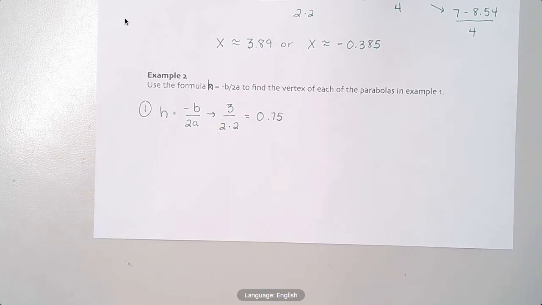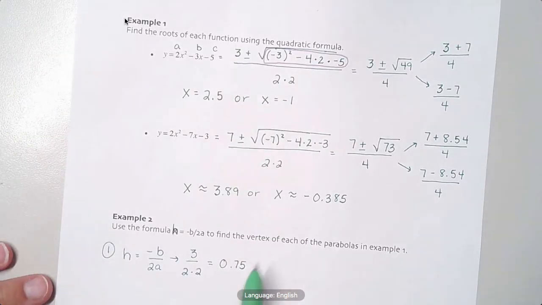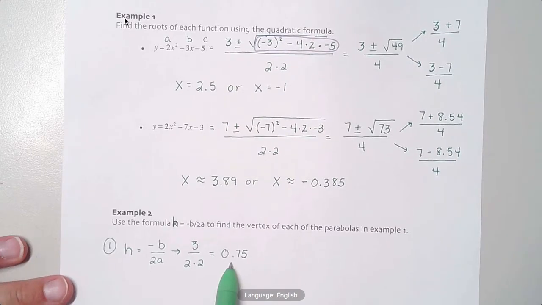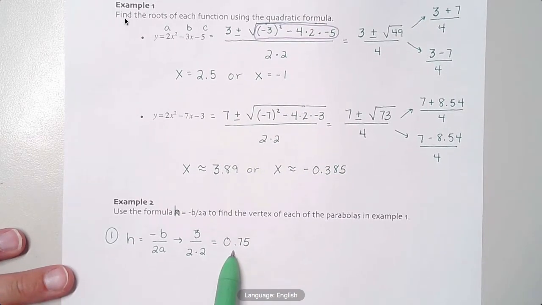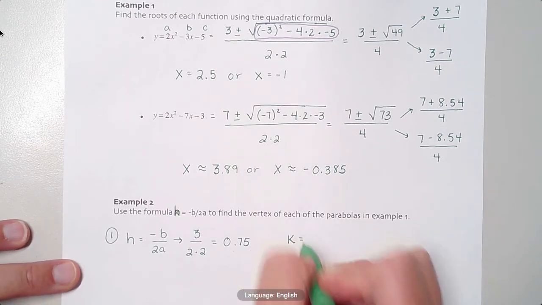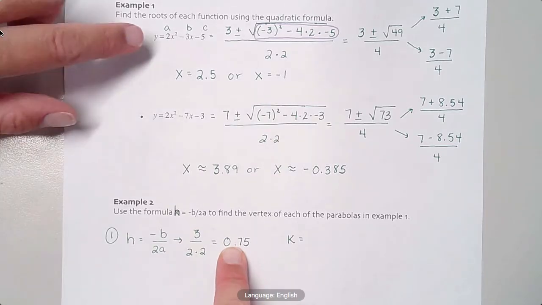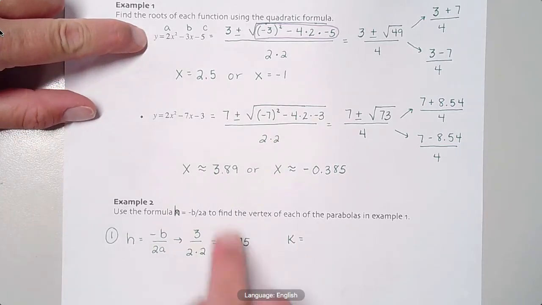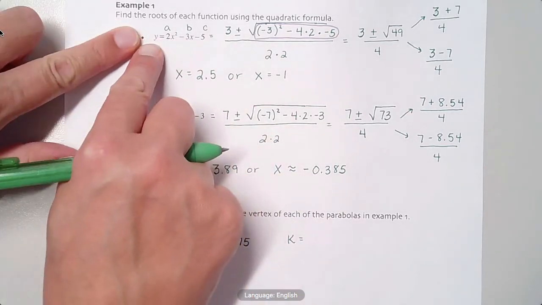Now I need the k. There is not a specific formula for k. But we know that k is the y value that goes along with this x value. And anytime you have an x value, you can find the y value by plugging into the equation. So that's exactly what we're going to do. We're going to take this 0.75 and just plug it into the equation we're working with for x, and that'll give me the y value that goes along with it.